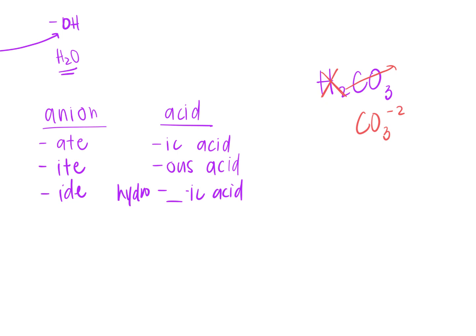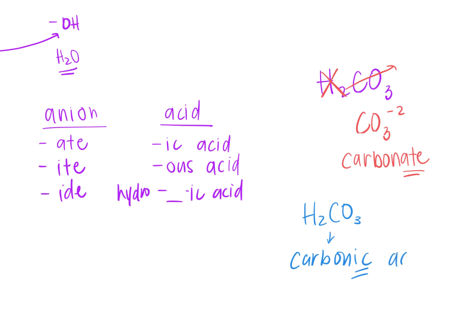It's got to come from the box because it's multiple atoms. So what is it? Carbonate. Okay, so I paired carbonate with a hydrogen to make an acid. So if I come over here and look at my cheat sheet, that means I'm looking at an ate anion. And so the name of this acid, H2CO3, just becomes carbonic acid.